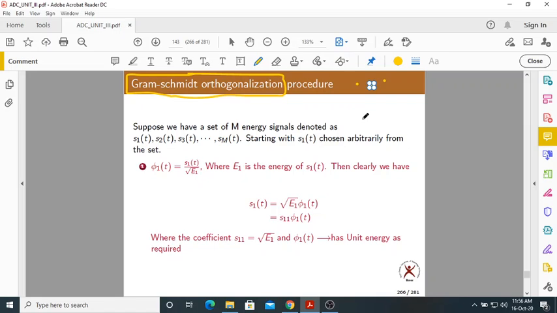For that, there is an algorithm or procedure called the Gram-Schmidt orthogonalization procedure. It has 4 to 5 very, very simple steps, so let me go through it briefly. First of all, we have to take the set of M energy signals that we wish to transmit.